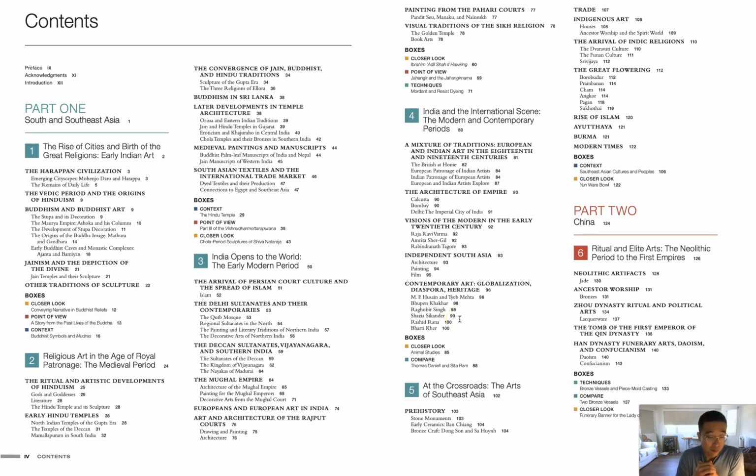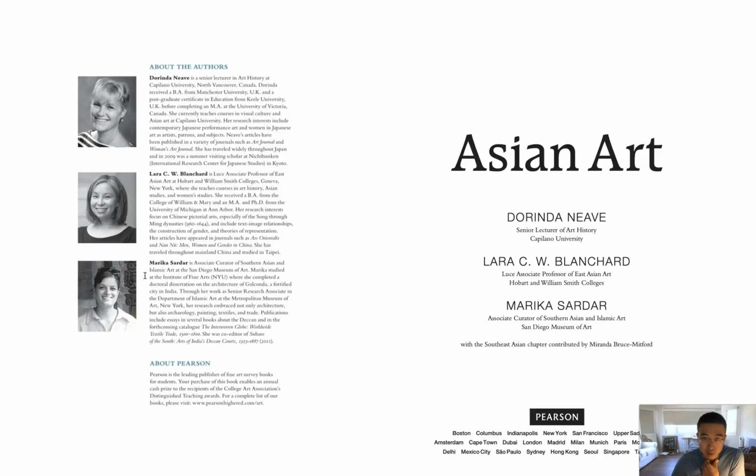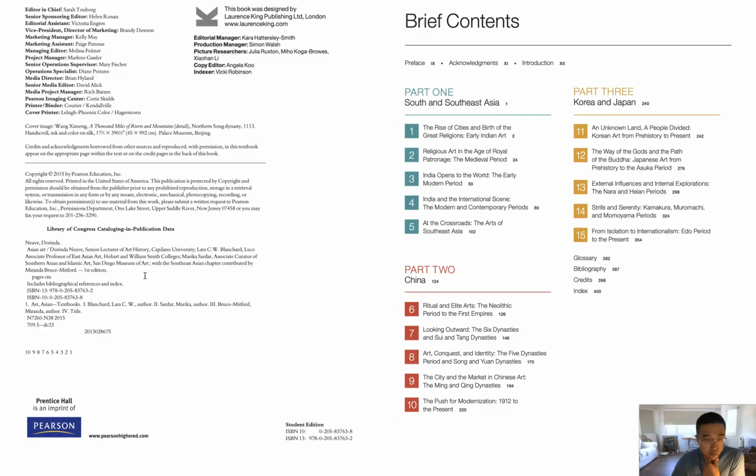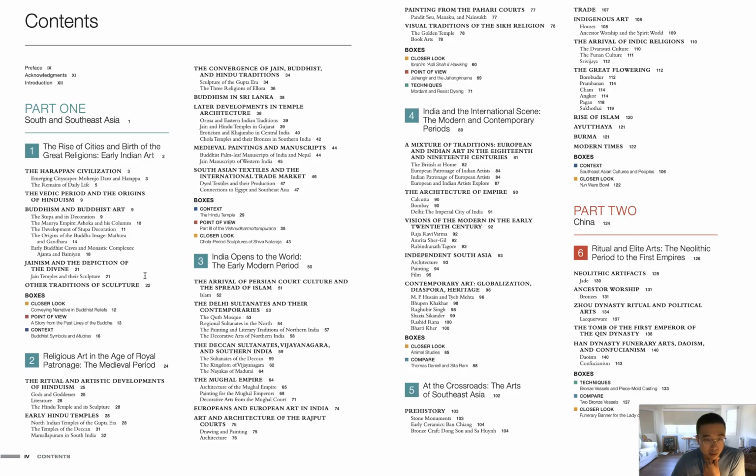It's much harder than other history. First of all, this is the old textbook that we used, Asian art. And the table of contents is structured like this. Part 1, we talk about South and Southeast Asia from early civilization all the way to modern contemporary art, from a linear timeline.